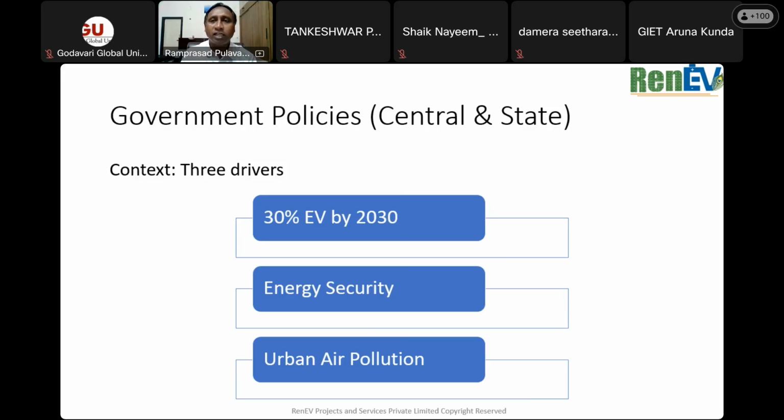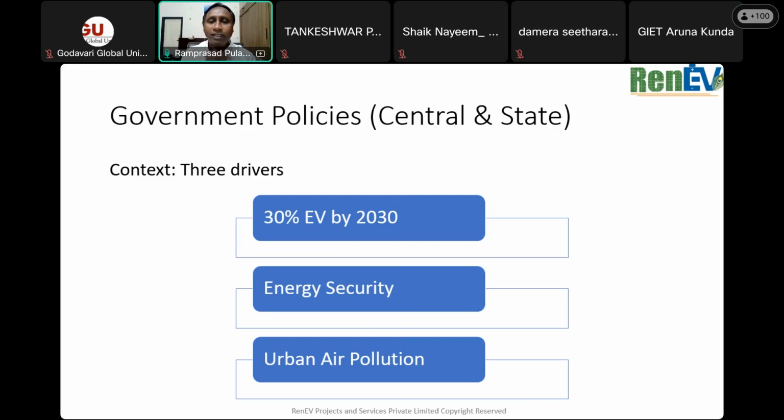They call it net zero. The government of India has declared a net zero target of 2070. Europe has declared a target of 2050 or 2040, different countries in Europe. So when you want to achieve that particular target, there are policies in place.